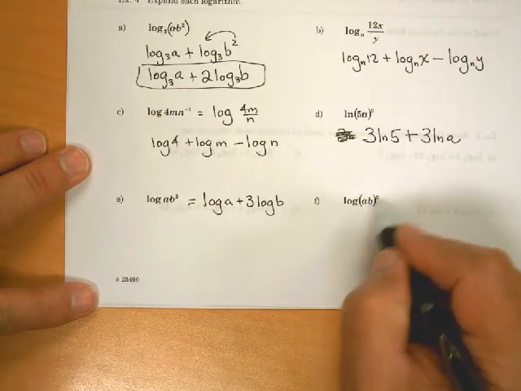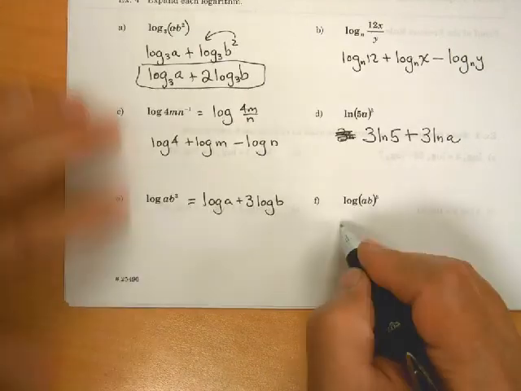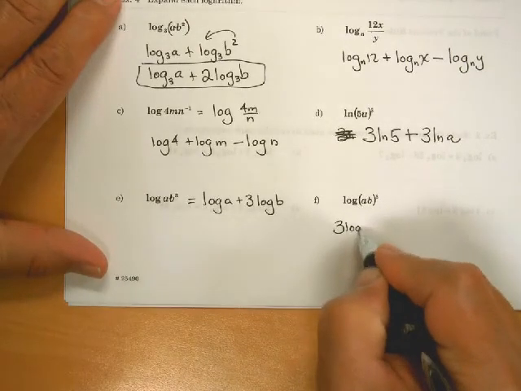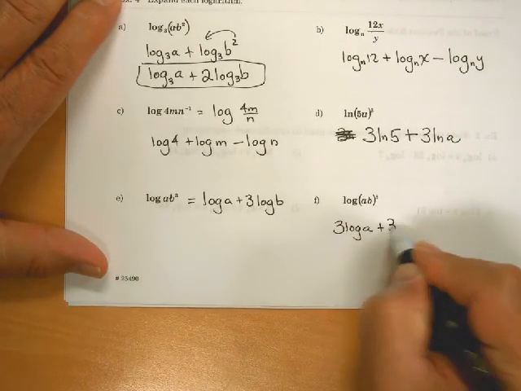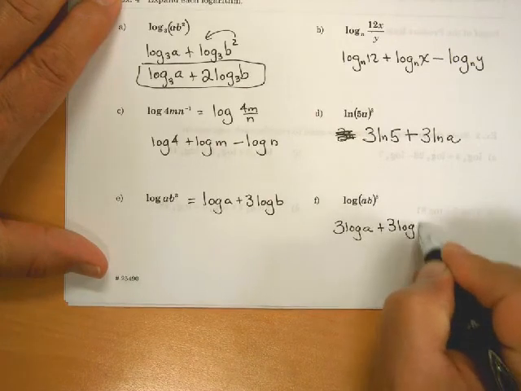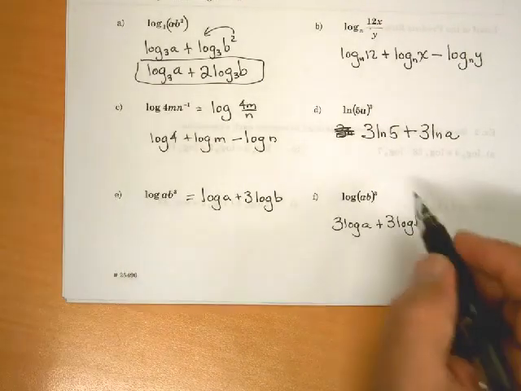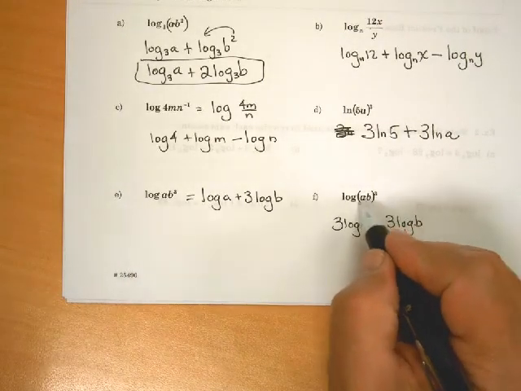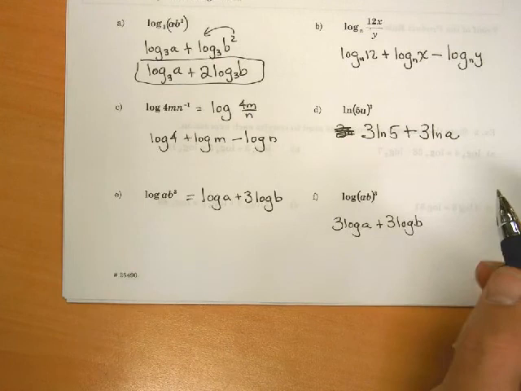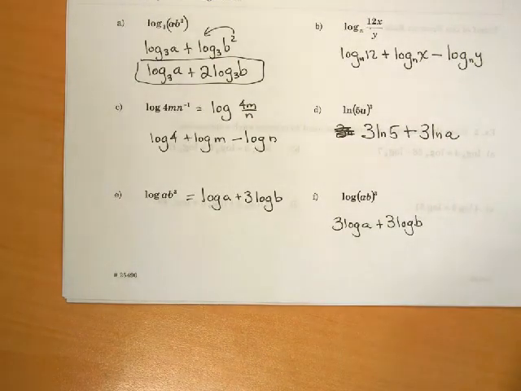Here the difference is the 3 applies to both parts, so this is 3 log of a plus 3 log of b. And that used the product rule because of the multiplication right there, and the power rule applied to both parts of it. And that does it for page 2 of the notes for section 8.4.